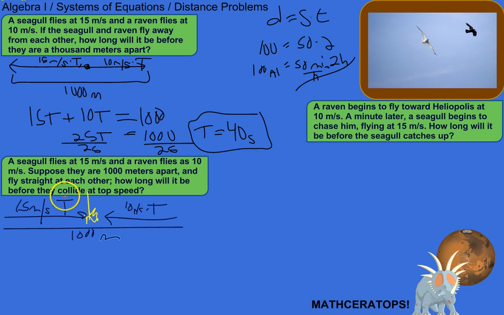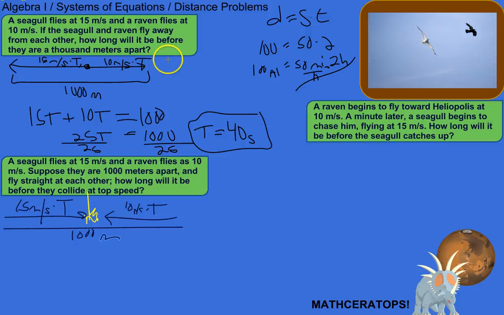Okay, look at this diagram and look at this diagram. Is this not the same basic problem? This problem is just this one in reverse, or this one is this one in reverse. So you can think of it, imagine running this one backwards. They start at a certain point and they fly away from each other until they're 1,000 meters apart.